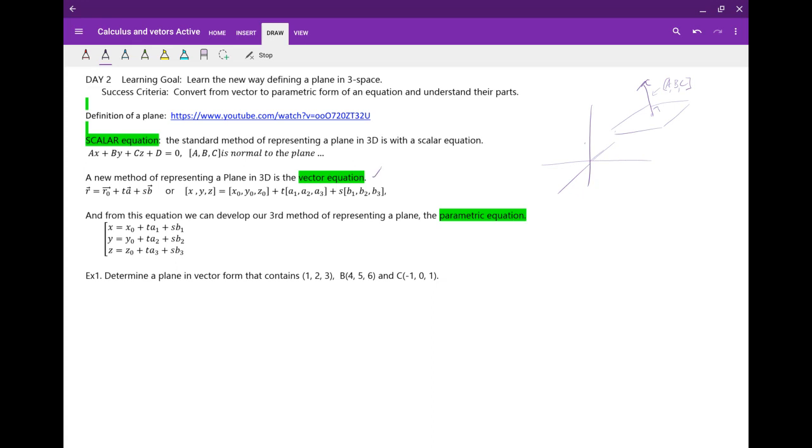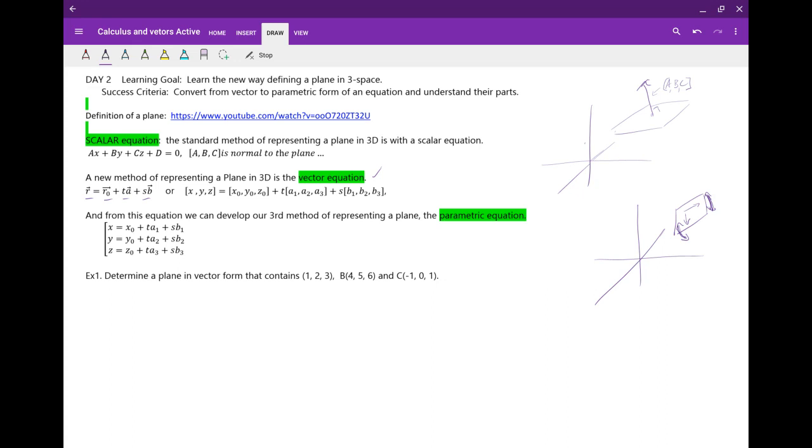And then we also have the vector equation for a plane. This is very similar to the vector equation of a line, but the thing about the plane is it has 2 dimensions. So rather than a single slope, it has 2 slopes. I've got my 3-dimensional space, with a plane floating around. It's got some kind of tilt in this direction, and some kind of tilt in that direction as well. I could rotate this plane up and down like this, or rotate it up and down like this.